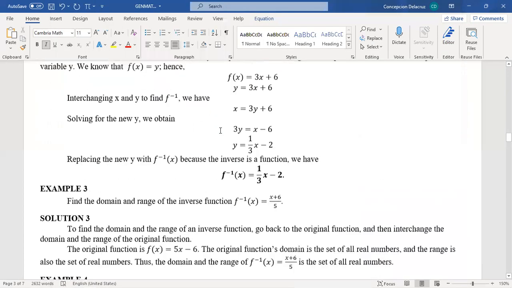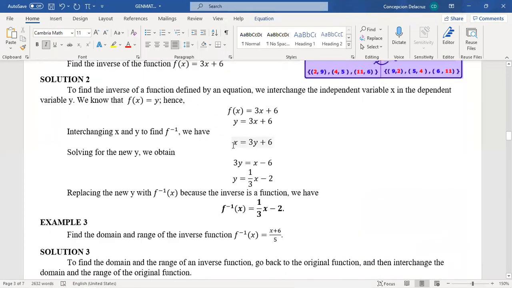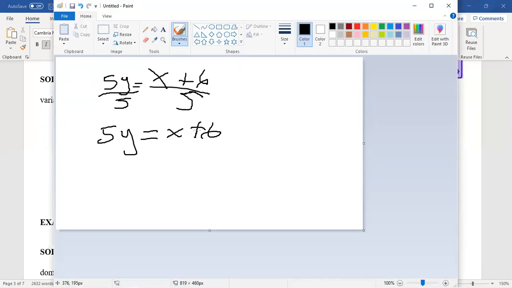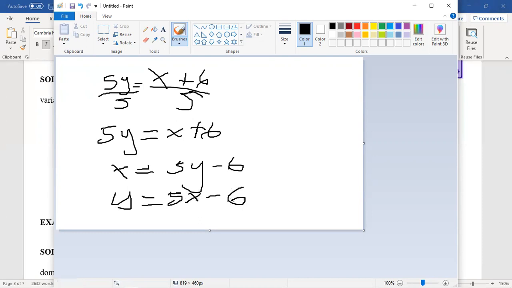Transpose 6, and it becomes x is equal to 5y minus 6. So interchange x and y, so y is equal to 5x minus 6.